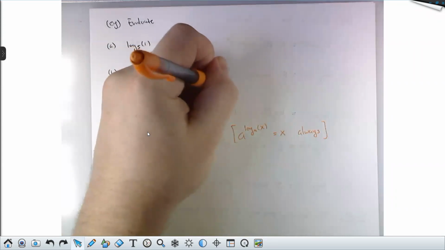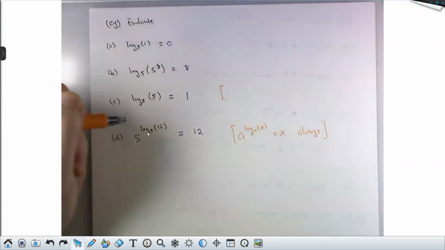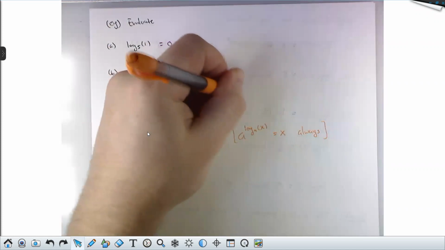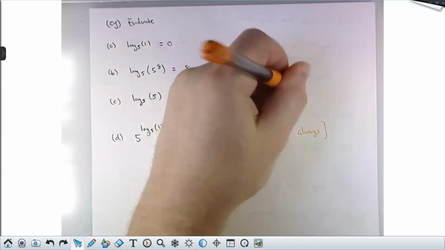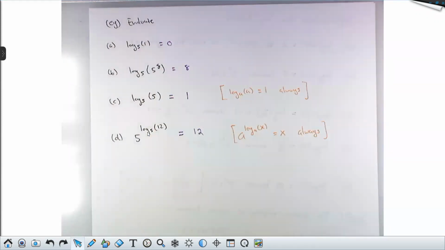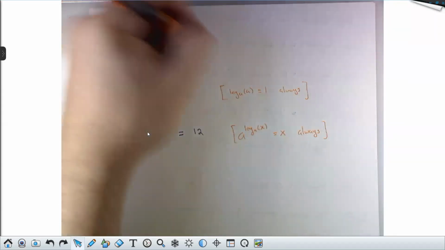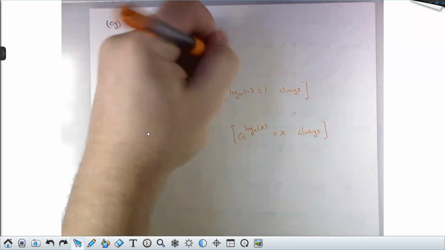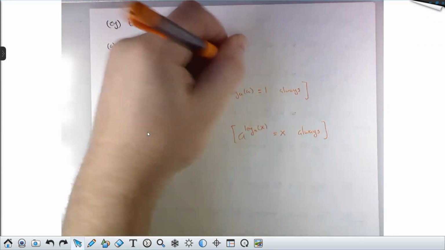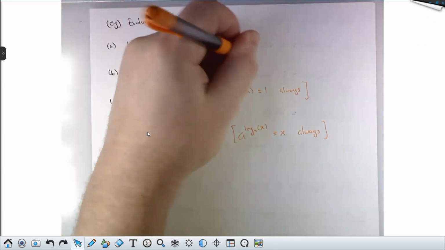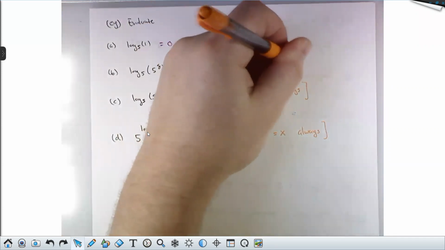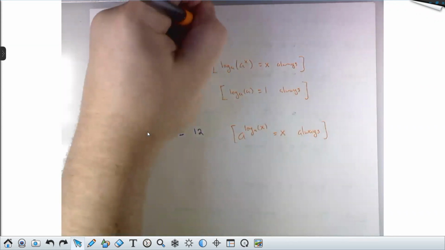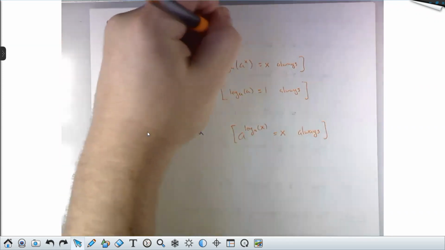And then here, one consequence of this definition is that the base a log of a will always be 1. And we said this on the previous page. The base a log of a to some number will always just be that number. And the base a log of 1 is always 0.